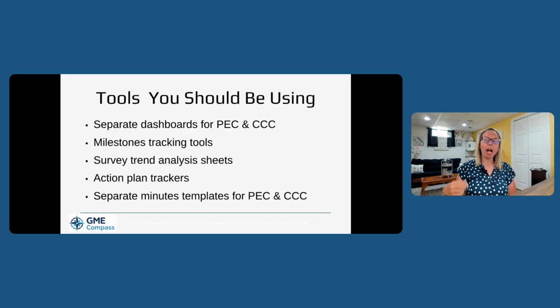I use New Innovations, so we would use the portfolio module in there. For our Clinical Competency Committee and Program Evaluation Committee, we would just use standard documentation and create packets. But for CCC, we would use the portfolio module, and we also had dashboards that were standardized and tracked. Our faculty had standardized review systems.